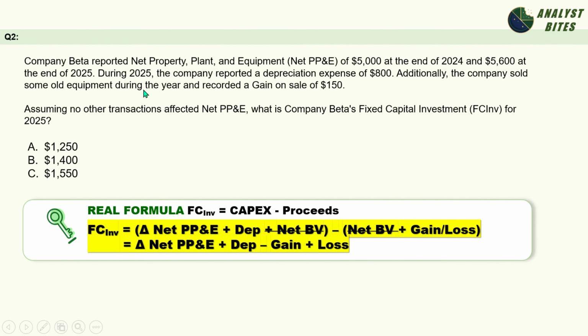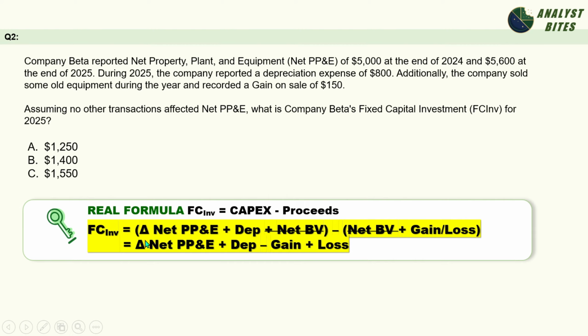We have the net PP&E for 2 years, the annual depreciation expense, and a gain of selling equipment. Our task is to calculate the fixed capital investment of the year. This is a direct application of the yellow formula we discussed with our little robot.